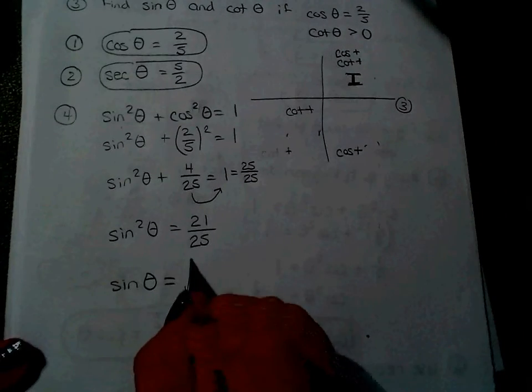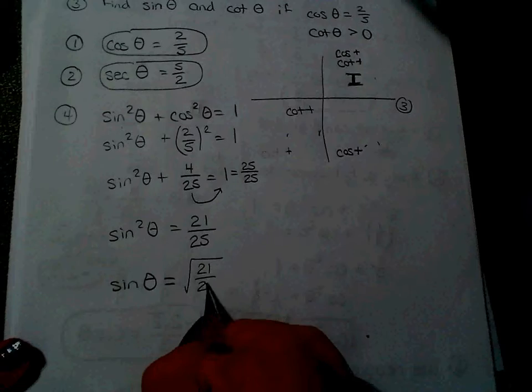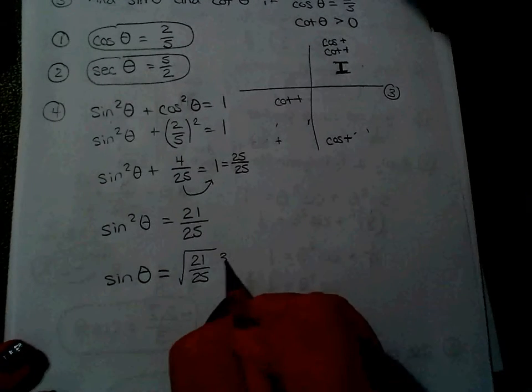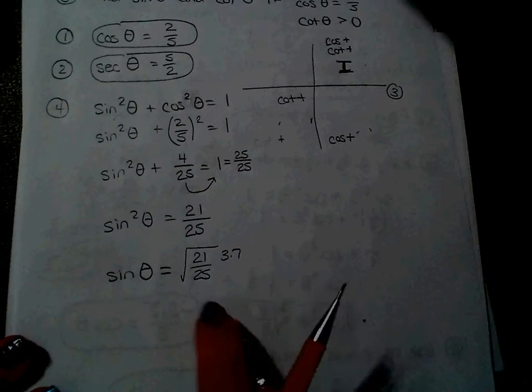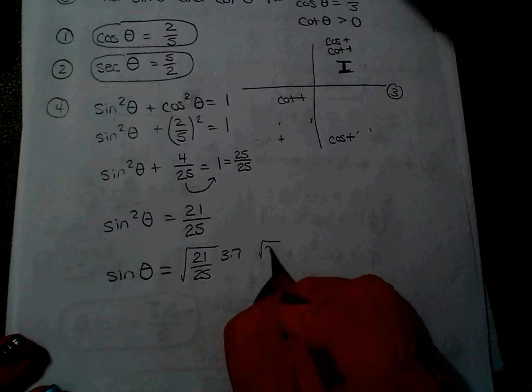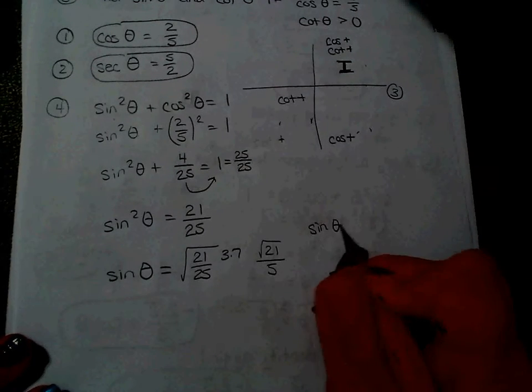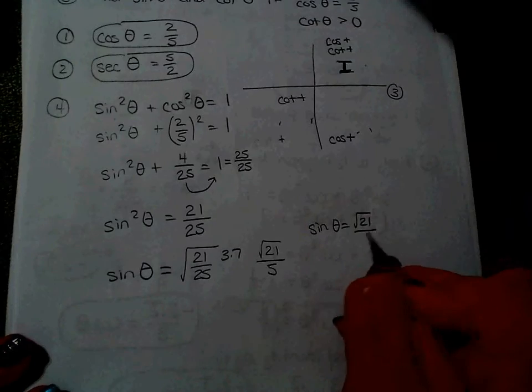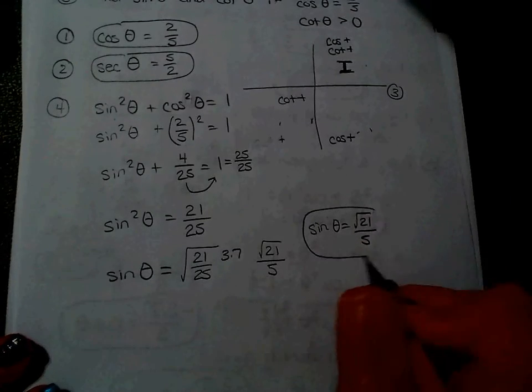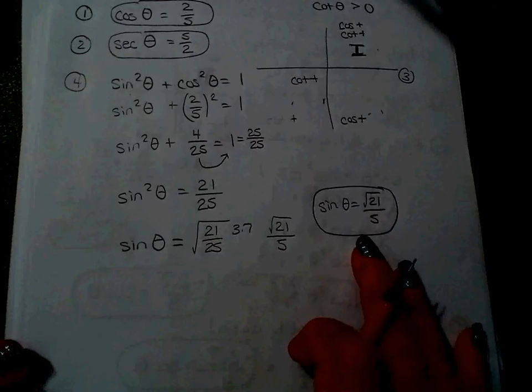So this is going to be the square root of 21 over 25. Well, 21 is 3 times 7. It won't break. But 25 breaks into 5 times 5. So the sine of theta equals the square root of 21 over 5. And now I have found 1, 2, 3 of my 6.